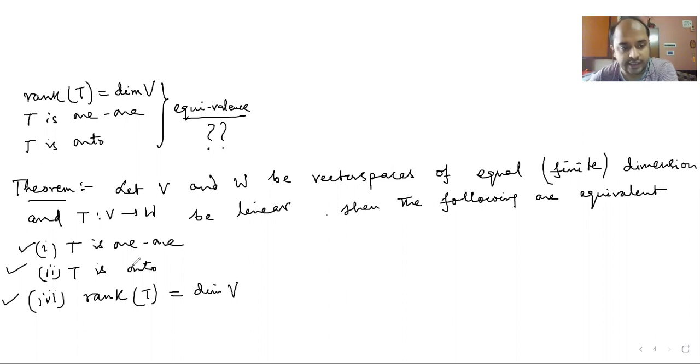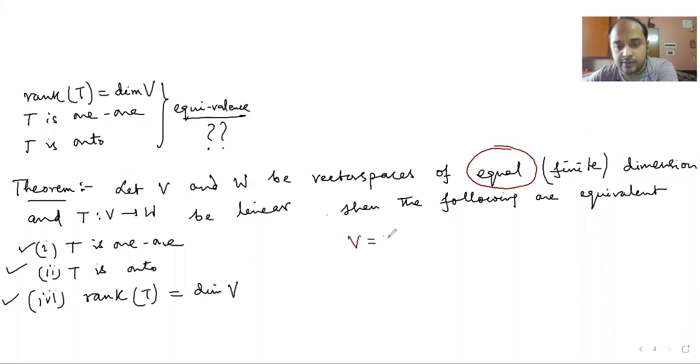If this is true, then that is true, and if that is true, then this is true. If rank of T equals dimension V, then you can say that T is onto. If T is onto, then you can say T is 1 to 1. But this will not be applicable to the current problem because of this.